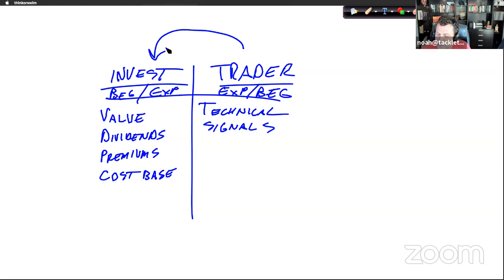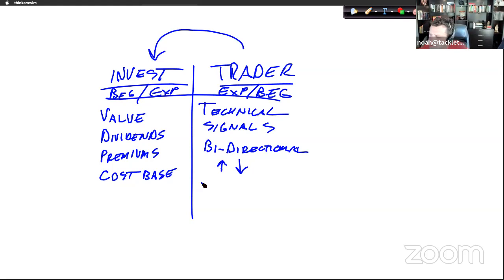There are also a lot of things where traders may be interested in doing bi-directional, where they want to go both ways. Okay, well, my pen's freaking out a little bit on me. There we go. So bi-directional, where you can go bullish or bearish. You can make money either way.